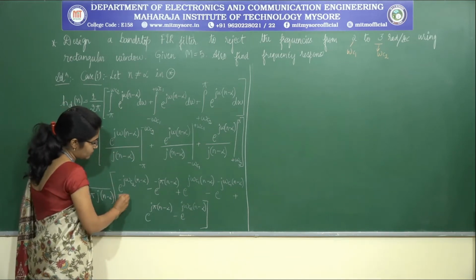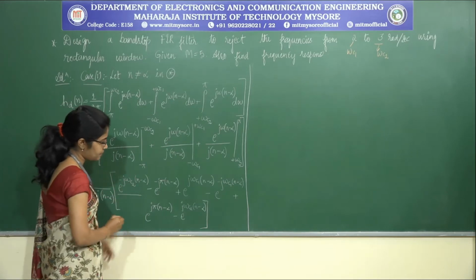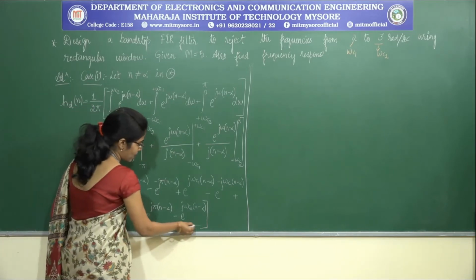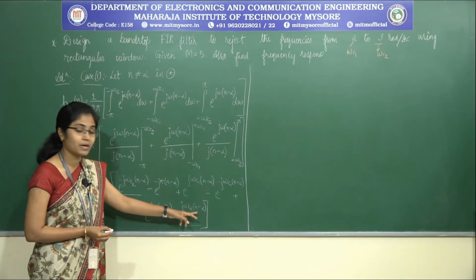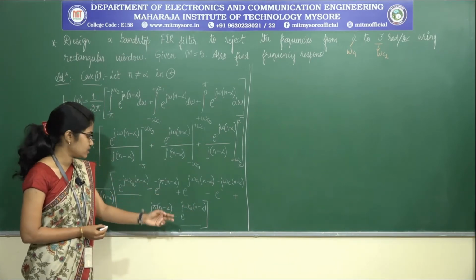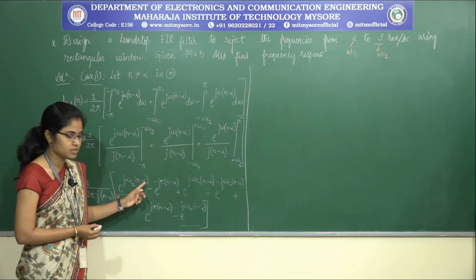So here we have e power minus j omega c2 n minus alpha, and here we have minus e power plus j omega c2 n minus alpha. It is reverse, that is e power j theta should come first minus e power minus j theta.